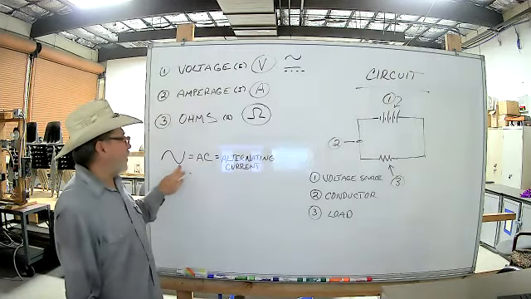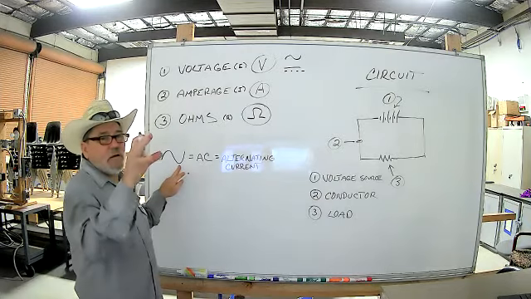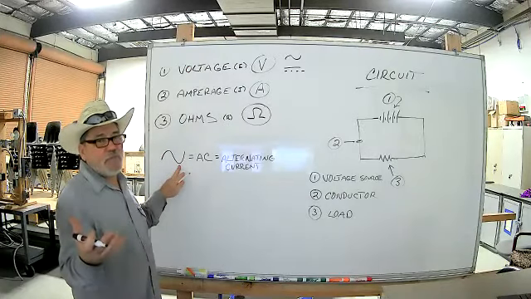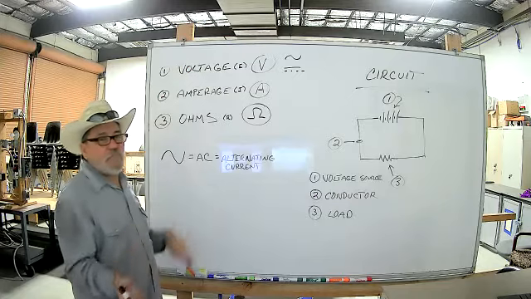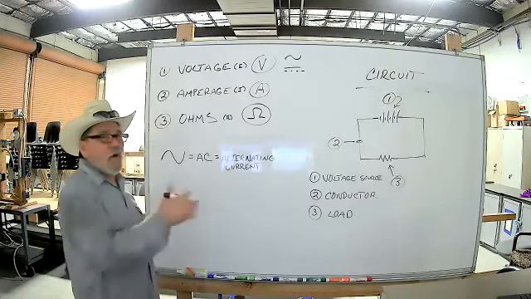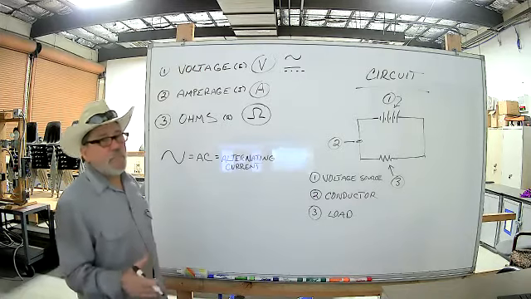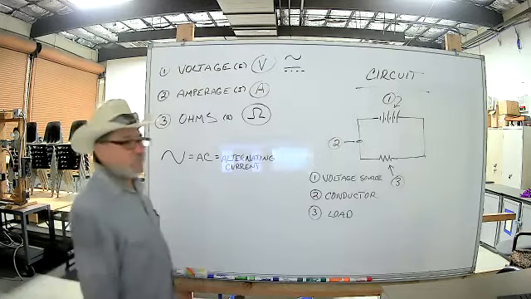It means your voltage is reversing polarity, like in your house, 60 hertz, 60 times a second. Alternating current just means it alternates, goes one way, goes the other way, 60 times a second for typical voltage here in the United States.